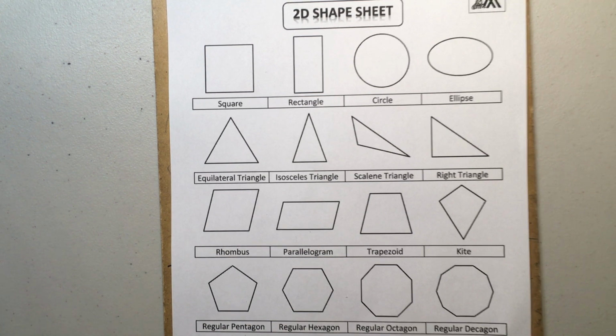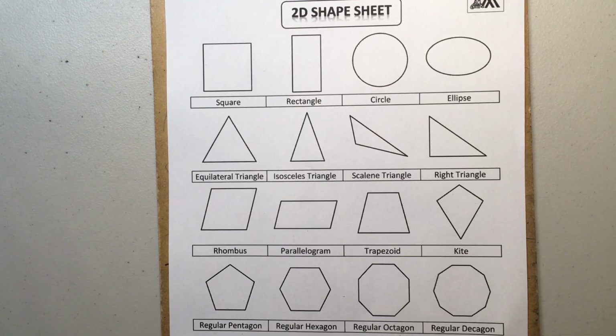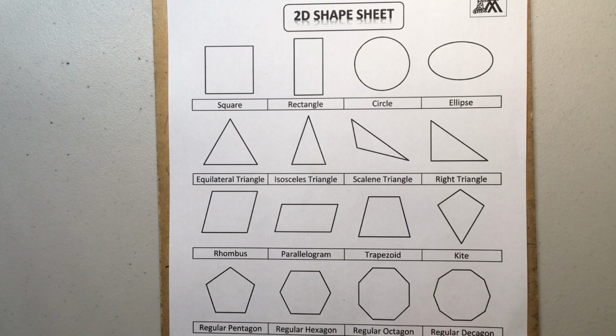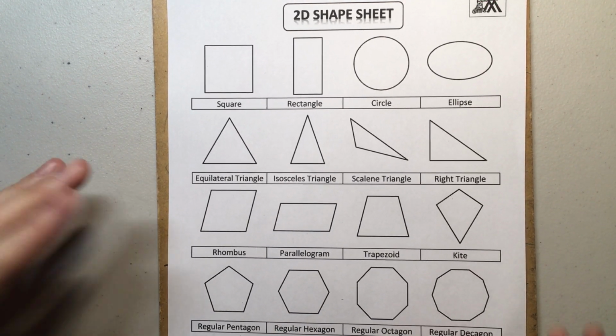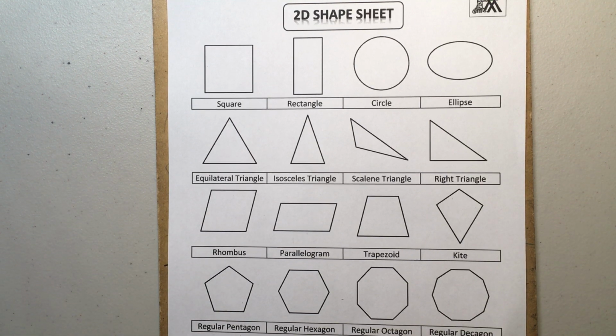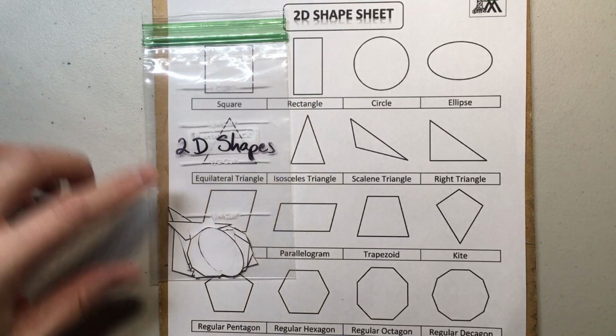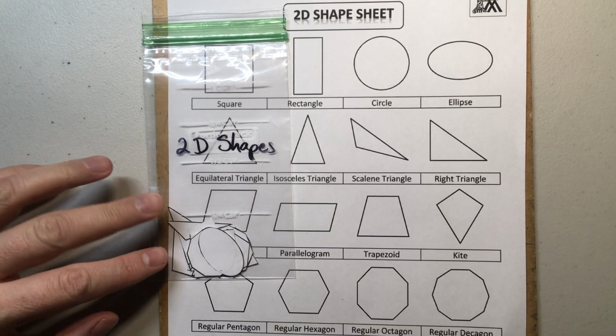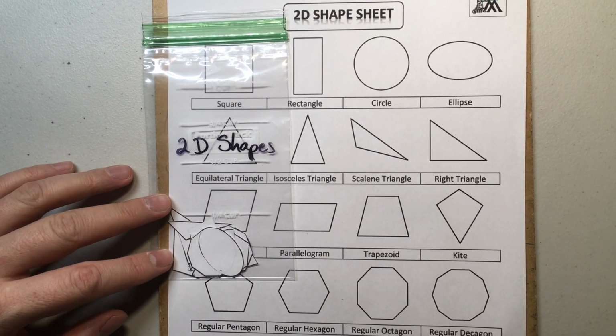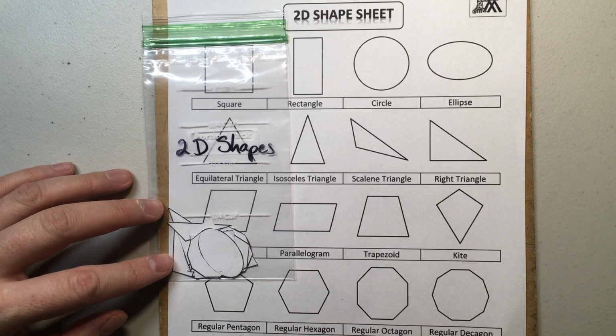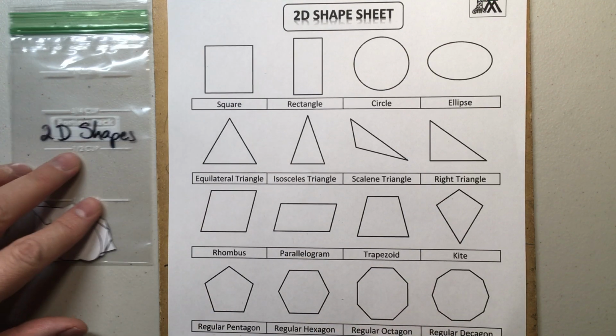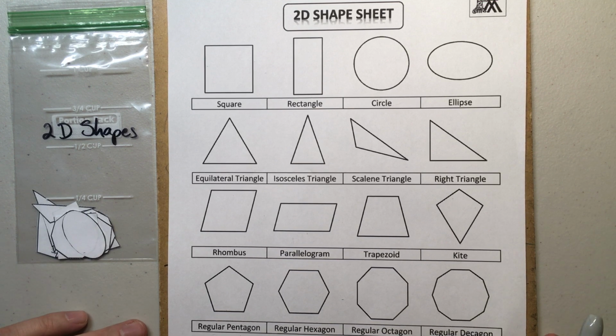You can't put things inside of these, not without adding that other dimension. So let's go ahead and take a look at these, and then I'll show you some different activities we can do because I've cut these out. It is very good to have two sheets.